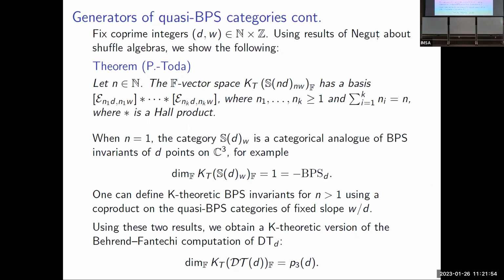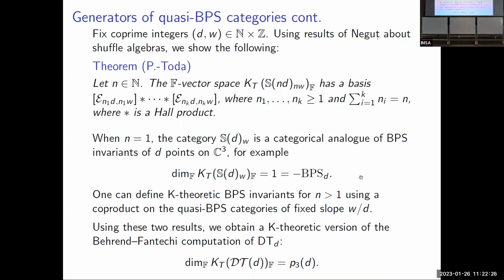But what happens is if you pass to K theory, there is a coproduct map. Actually, there is a localized coproduct map in the general case, also in the categorical world. Still, you can define K theoretic BPS spaces as primitive elements with respect to that coproduct. So you have a definition of K theoretic BPS spaces.